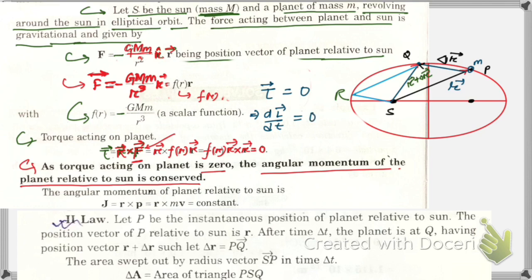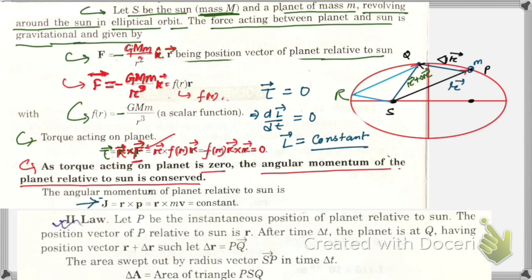If the derivative of L, that is angular momentum, with respect to time is 0, then this L must be constant, right?